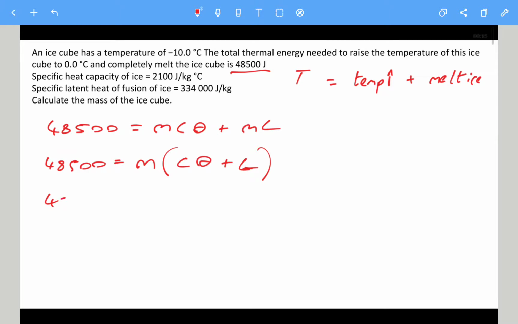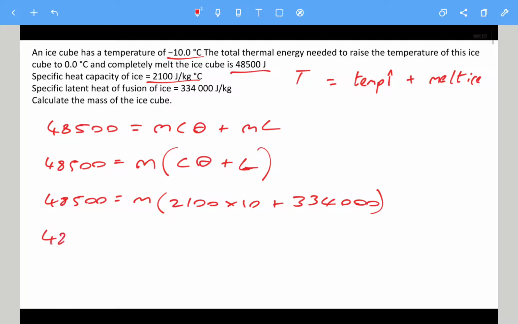So 48,500 equals the mass, which we'll get in a moment. Bracket, we've got C, specific heat capacity of ice, which is 2,100, multiplied by 10, because that's the change in temperature. It's gone from minus 10 to 0, so it's positive, plus the latent heat of fusion, which is 334,000. So we can figure out what that is.